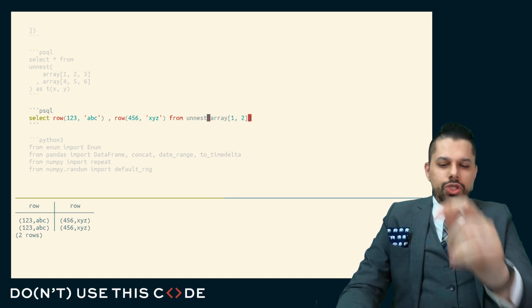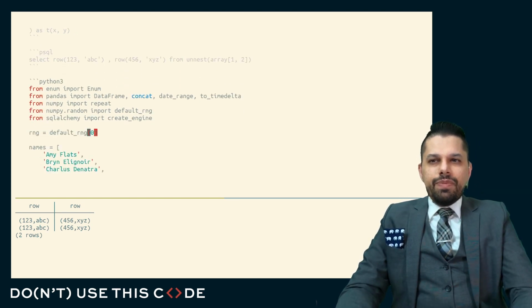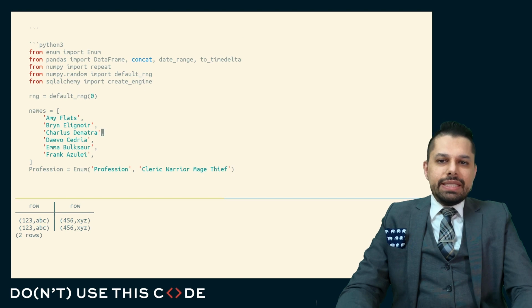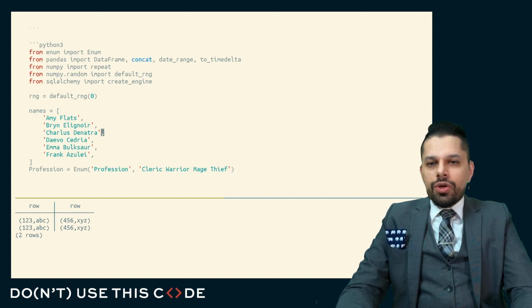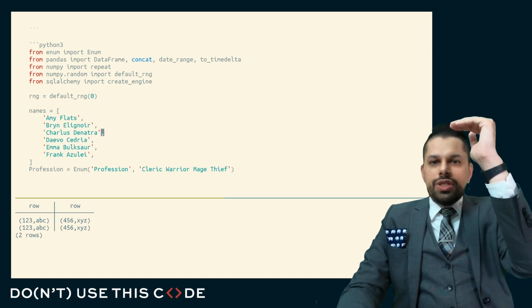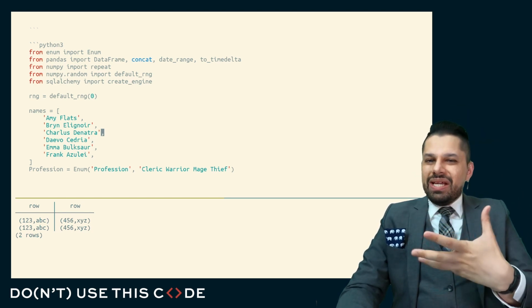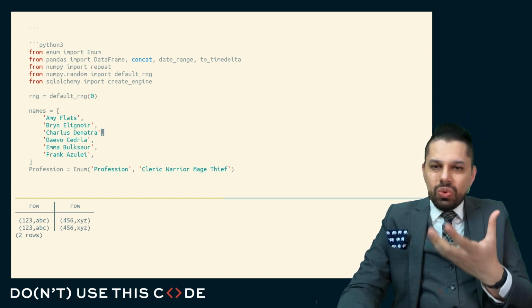Let's think about the distinction between SQL and pandas. If I have a pandas data frame, it's very common for me to do operations on that data frame and for those operations to refer to other portions of that data frame, to refer to the 0th row or the last row, because pandas is an in-memory tool.